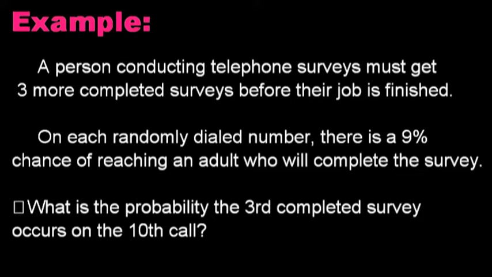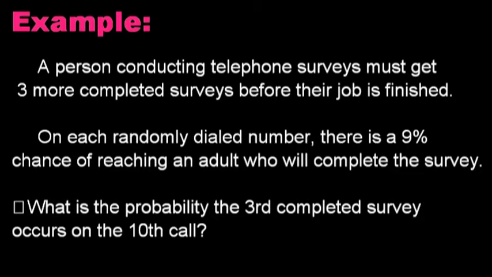To understand further the negative binomial distribution, I have here an example. A person conducting telephone surveys must get 3 more completed surveys before their job is finished. On each randomly dialed number, there is a 9% chance of reaching an adult who will complete the survey. What is the probability the third completed survey occurs on the 10th call? So by this example, we can apply negative binomial distribution.